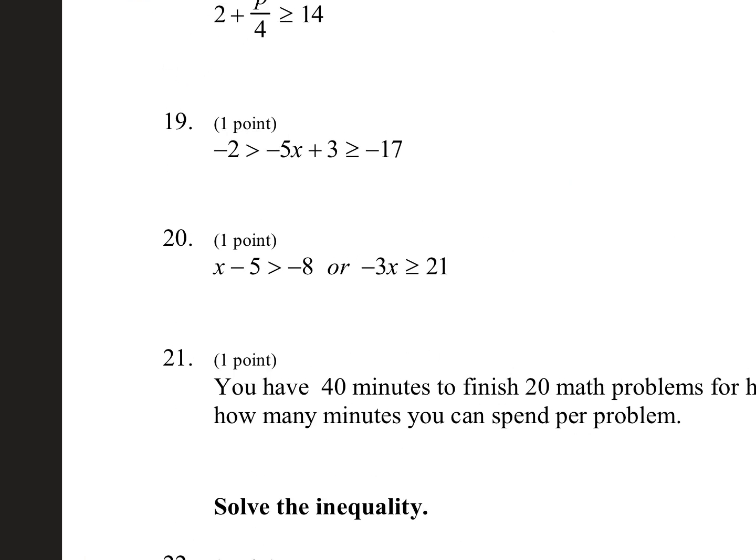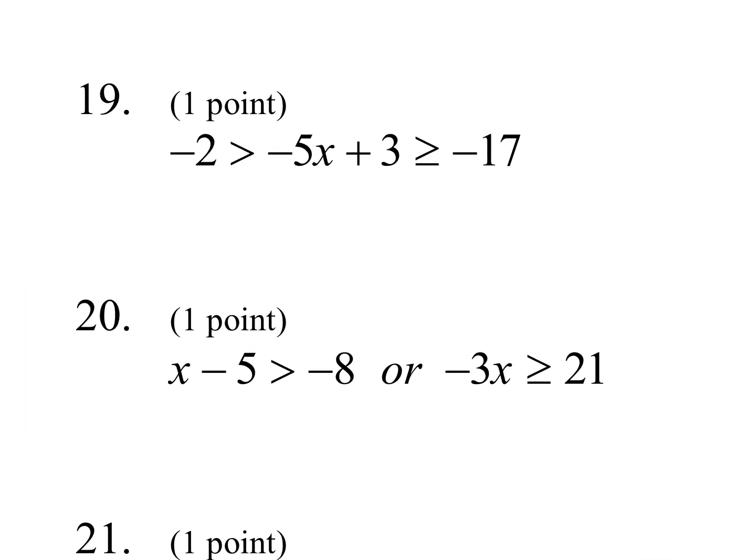All right, so looking at 19, here I have two inequalities in my equation. What would I need to do? First, you gotta isolate the variable. Awesome. If I subtract 3, I have to do it on both sides.